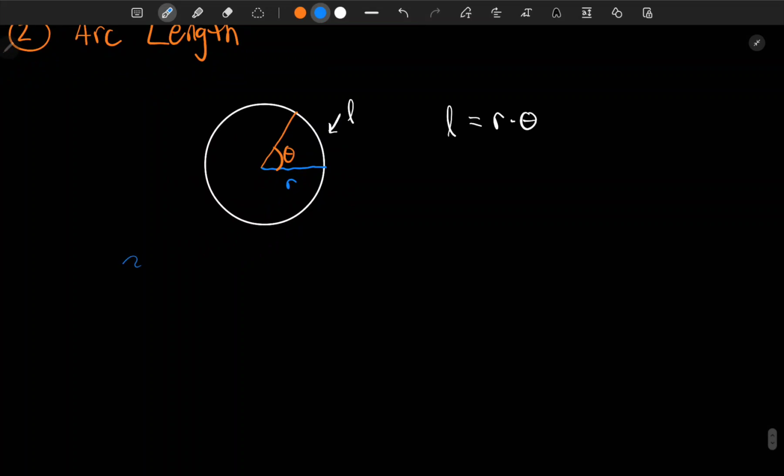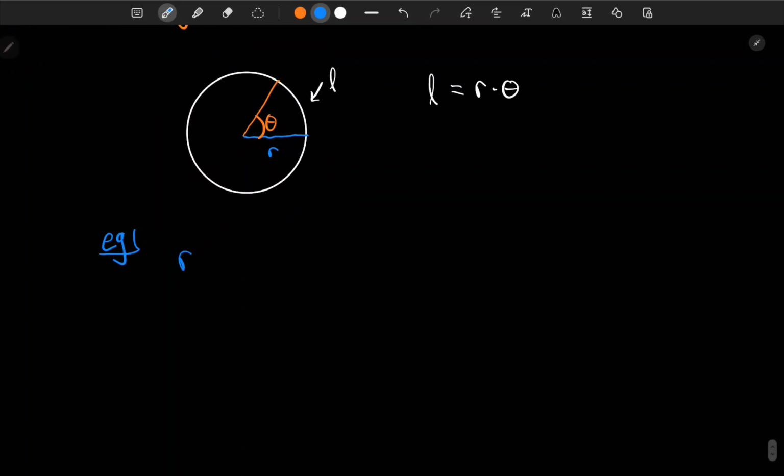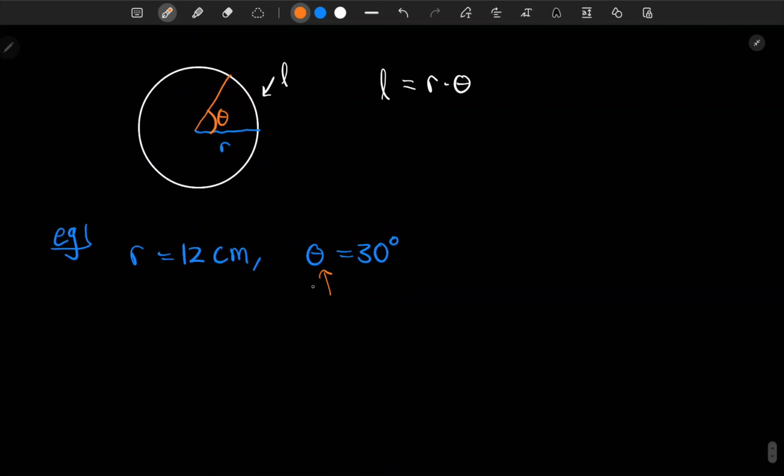So, as an example, if you have a radius of 12 centimeters, and theta is equal to 30 degrees, this theta is often called the angle that the arc subtends.